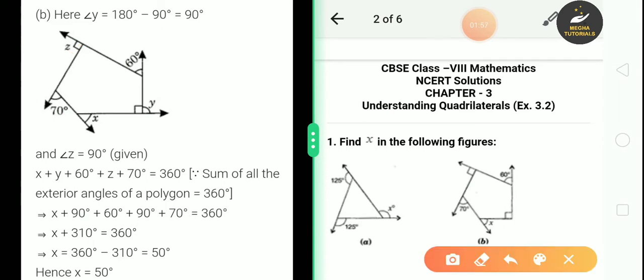So we can write angle x plus 90 plus 60 plus 90 plus 70 is equal to 360 degree. So sum of 90 plus 60 plus 90 plus 70 is coming 310 degree. So x plus 310 degree is equal to 360 degree. So using transposition, x is equal to 360 degree minus 310 degree, which is 50 degree. Therefore angle x is coming 50 degree. So this is final answer.